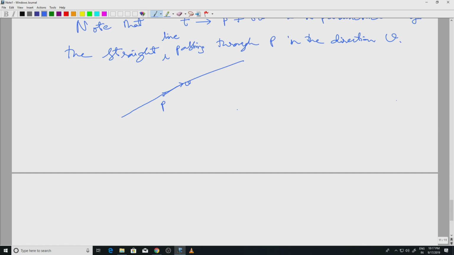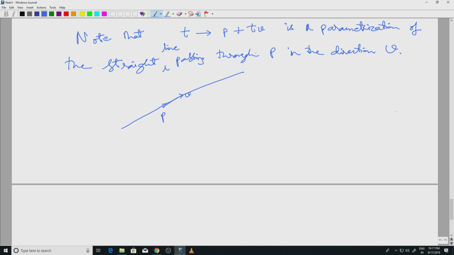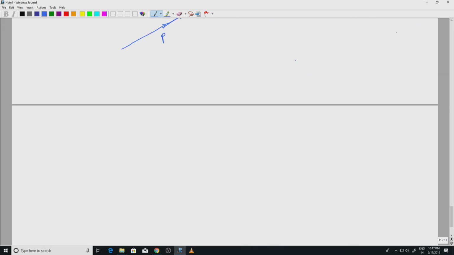Here I say that t is a parameterization of the straight line passing through p in the direction v. If we write alpha t equals p plus tv, then alpha 0 equals p, and alpha prime 0 is equal to v.